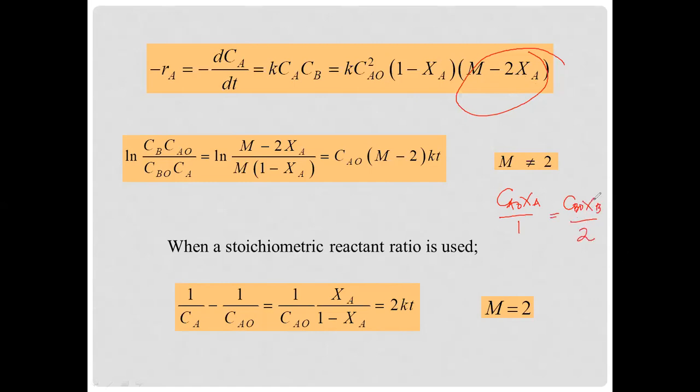Because in terms of the provided stoichiometry, you have A plus 2B giving you the products. So it's not CAO XA over 1 being equal to CBO XB over 1, but it's now over 2 because of this. Then it will be something like this.